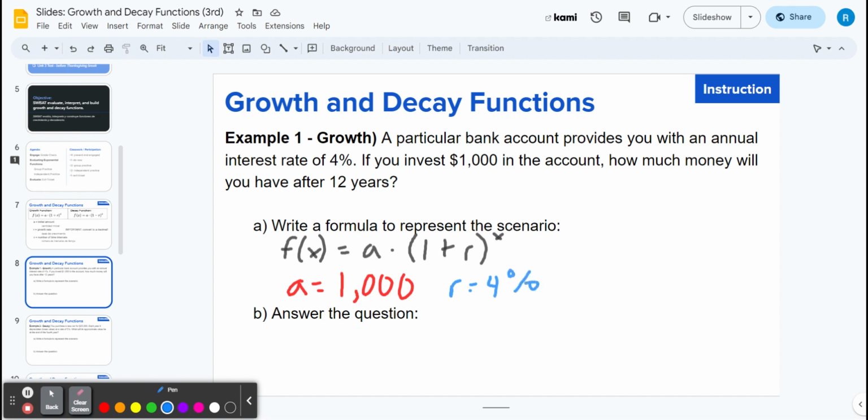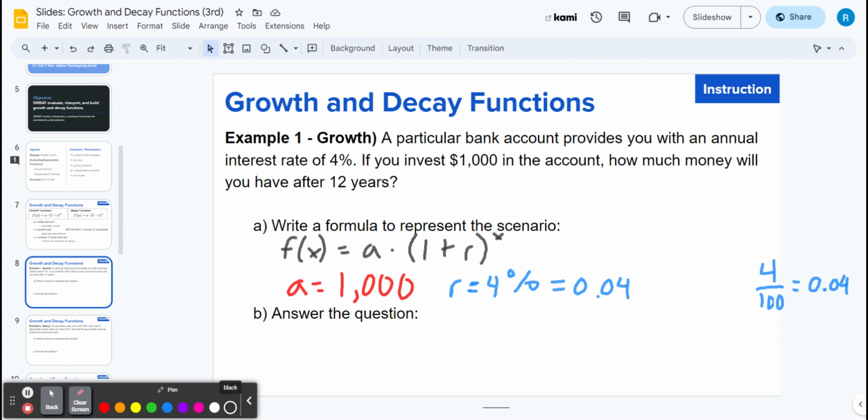But let's think back to that slide. We're going to want to convert that to a decimal, right? So if we take 4% and divide by 100, that will get us to our decimal. We'll have 0.04. So our R there is 0.04.